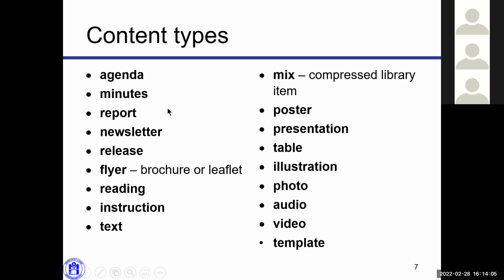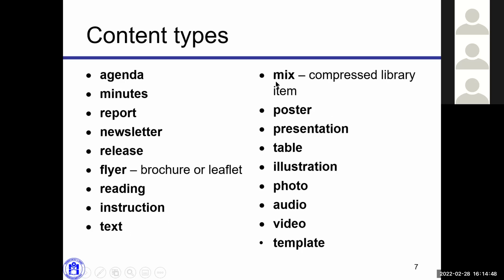So what can the content type be? It can be agenda, minutes, report, newsletter, release, flyer, which includes brochures, leaflets, all this promotional material. Reading, which means a material for teaching something. Instruction. Text: a text is a library item which is not agenda, minutes, report, and so on. All this, something else.